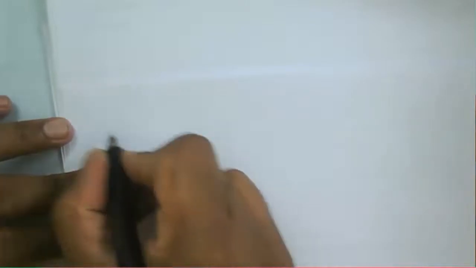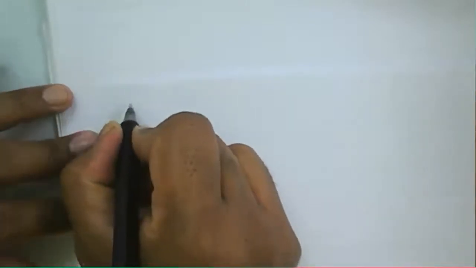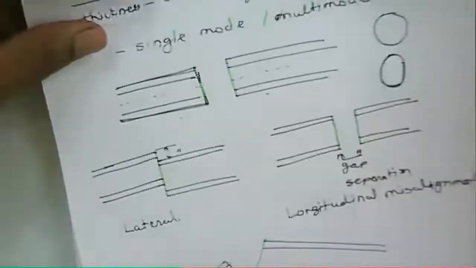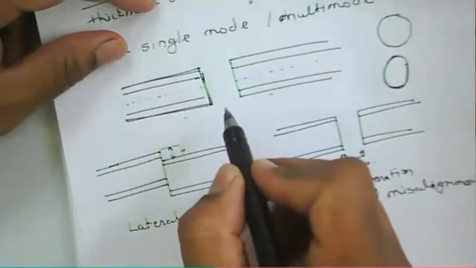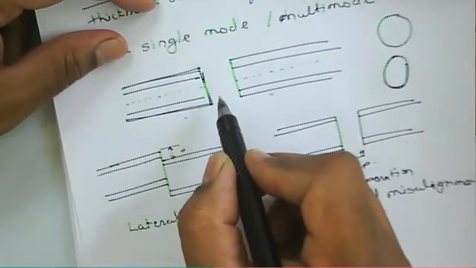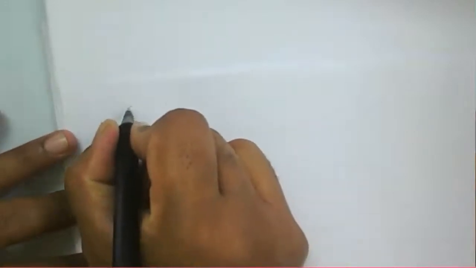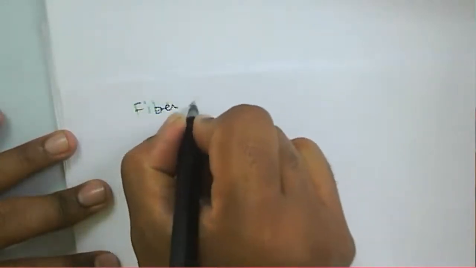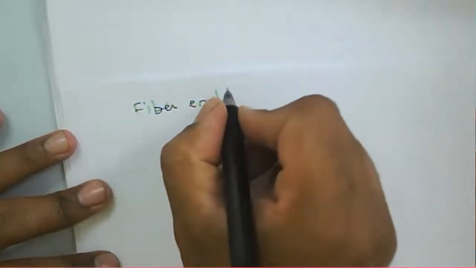And again, when we are connecting the two fibers, we need to prepare the proper end of the fiber. Just like we say these two fibers we are connecting, we need to connect the two fibers at their ends.